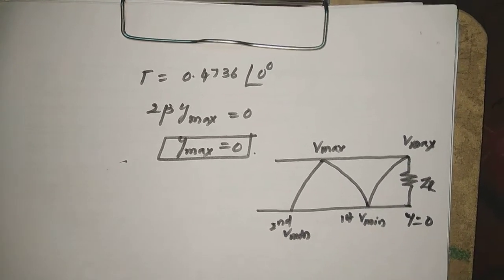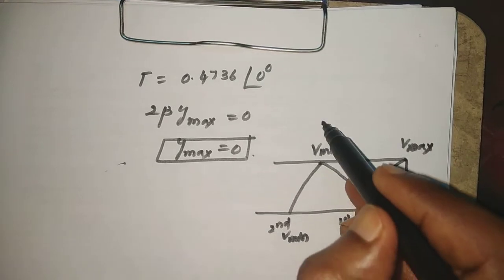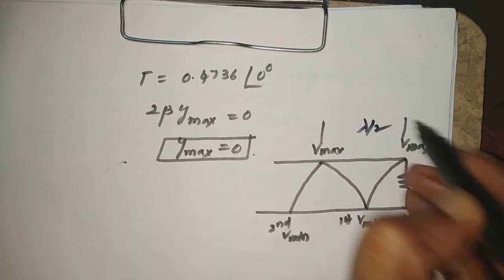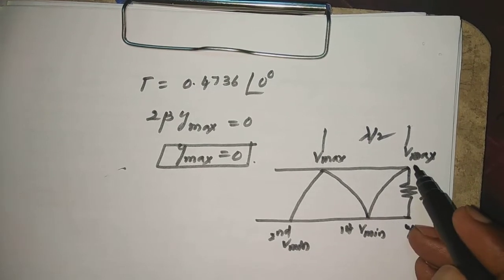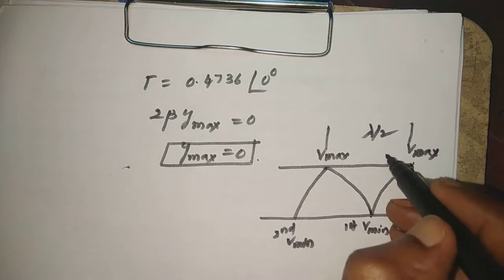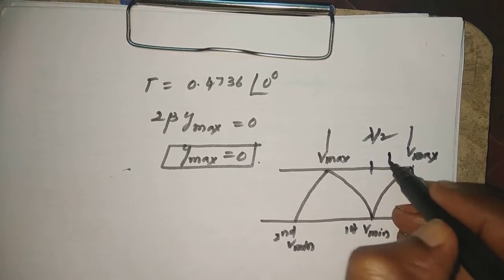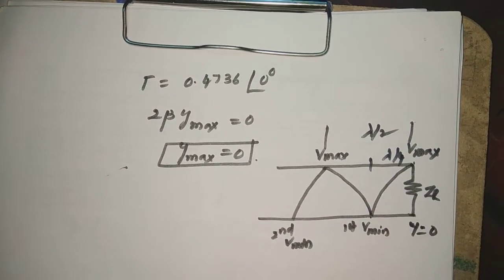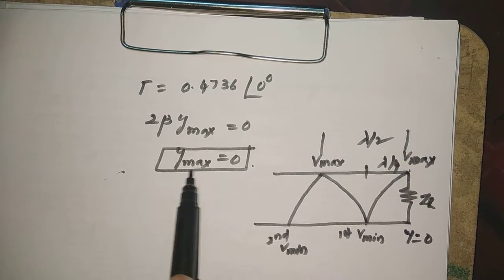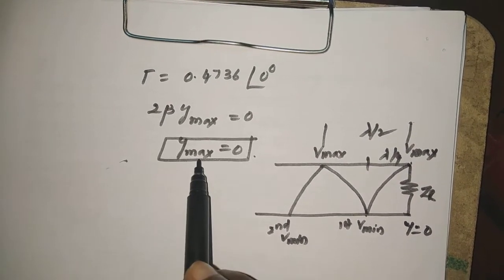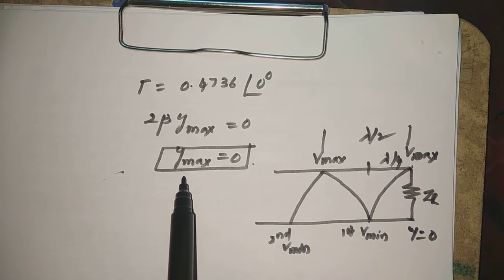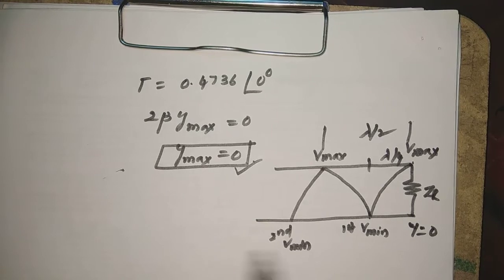We already know that the distance between two V max is lambda by 2, and the distance between one V max and one V minima is lambda by 4. From here to here it is lambda by 4, and the location of the first maximum is at y equals 0.